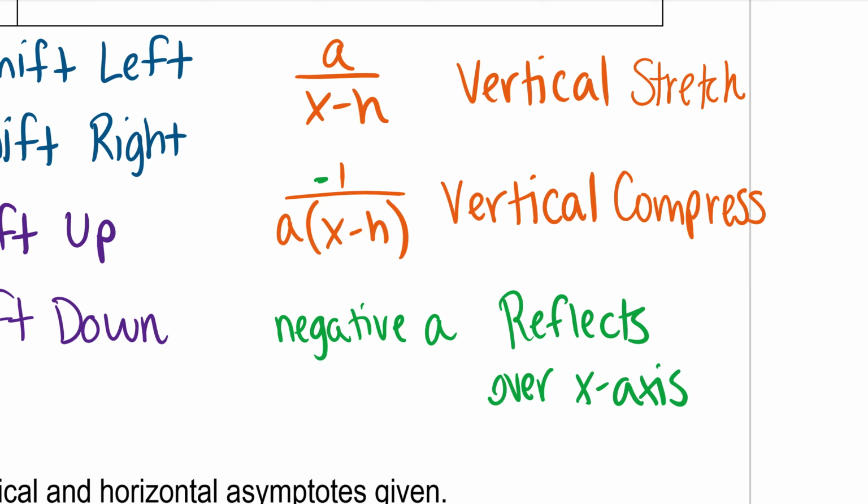And I'm just going to tell you, for this class at least, I'm going to put the negative with a. So you're only going to see the negative with a on the top or with a on the bottom. I'm never going to try and trick you for this. That's not the point of learning this. That's the more advanced thing. But just to learn this from nothing, because this is not an Algebra 1 thing, it's brand new, I want to make it as easy as possible, but knowing that if you see a negative, it reflects. It flips the graph.